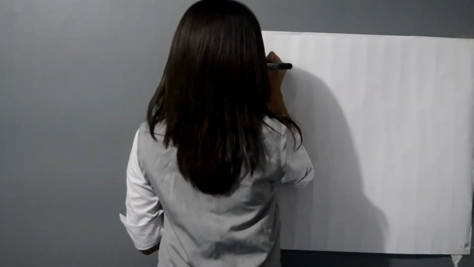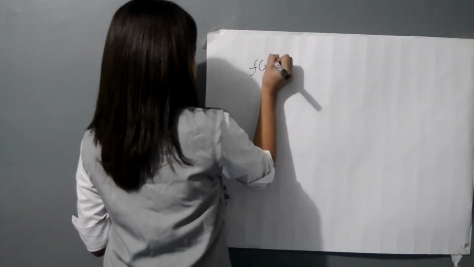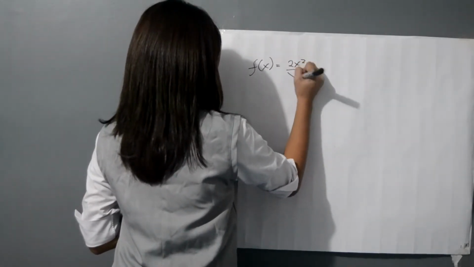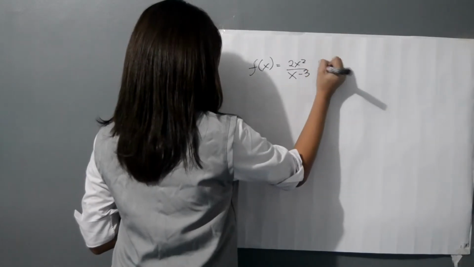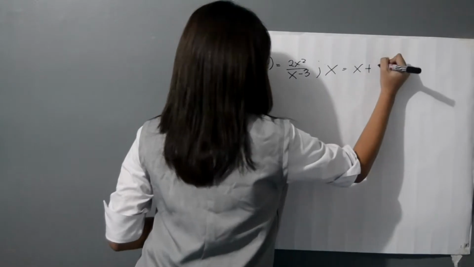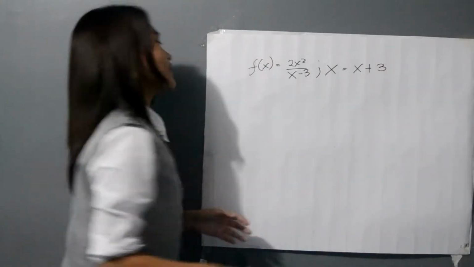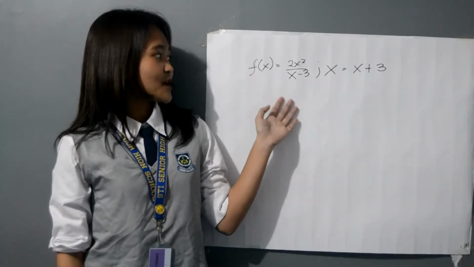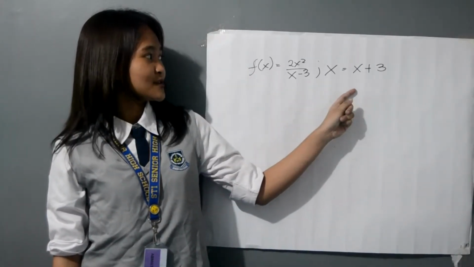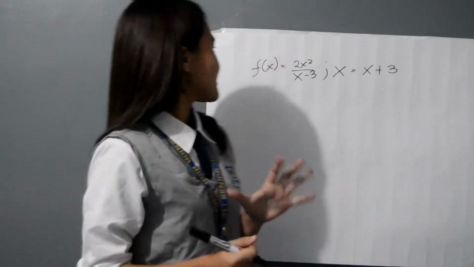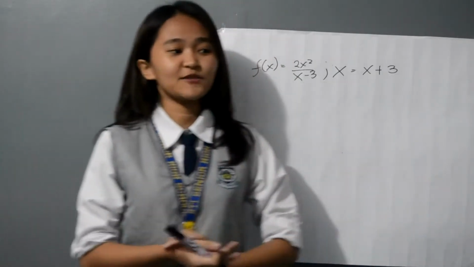We have our next problem here. f of x equals to 2x squared minus x minus 3, wherein x is equal to x plus 3. So, next is we will replace the x with x plus 3.